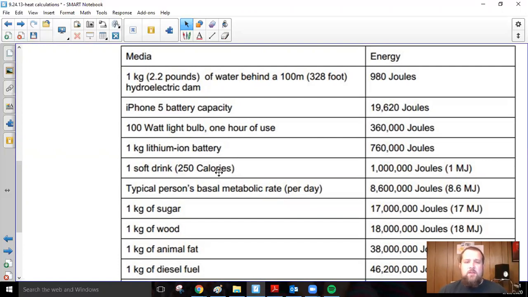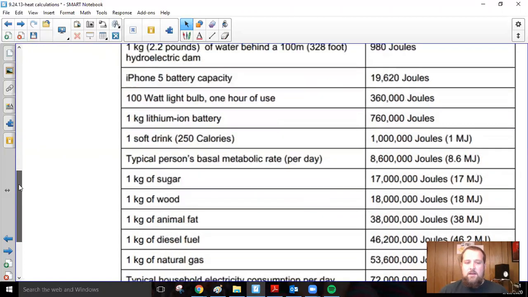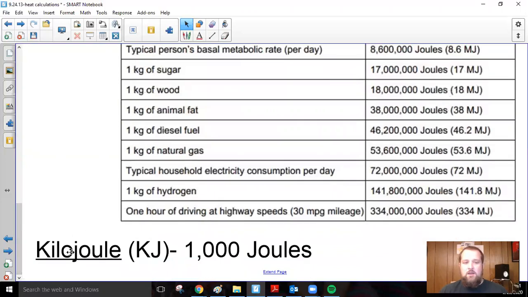And so in that same way, when we use joules in this class, a lot of times you'll see kilojoules or kJ as a unit, just so that we don't have to write giant numbers like this. So if something was 10,000 joules, we would only say 10 kilojoules.